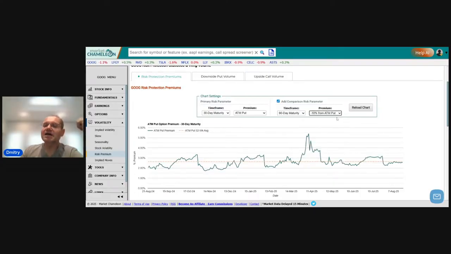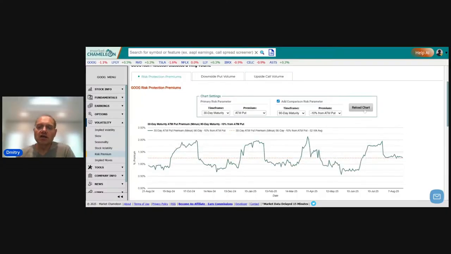So instead of an at the money, we're looking at a put, but it's a 90-day constant maturity, 10% out of the money put. Then we could look at those differences and reload the chart, and now we see the difference of the 30-day at the money minus the 90-day 10% out of the money put.